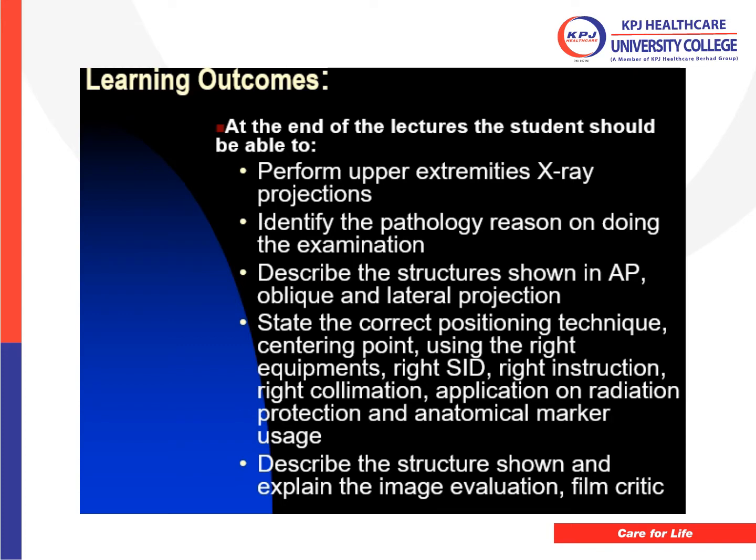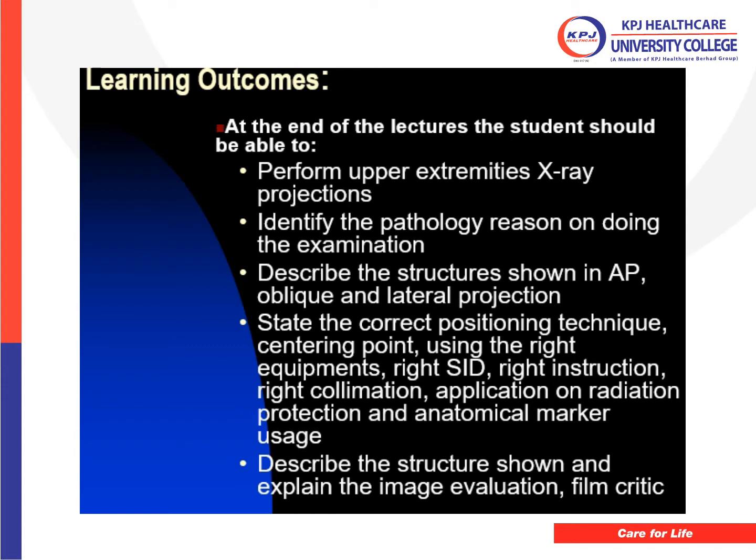Be able to identify pathology reason on doing the examination. Be able to describe the structures, for example, showing the AP oblique of the wrist, and then lateral projection. This is the basic one. State the correct positioning technique, the centering point.